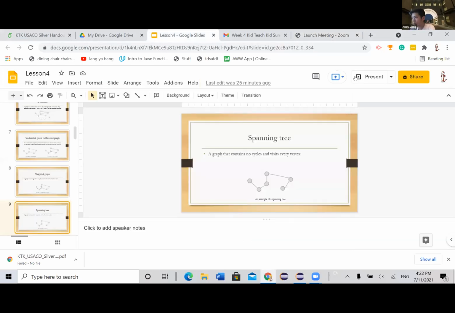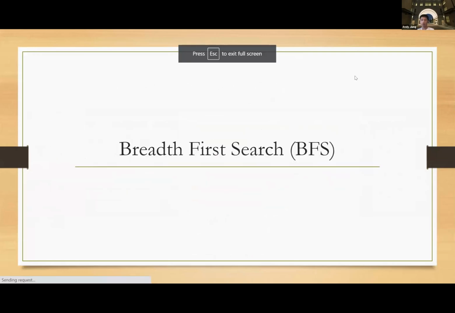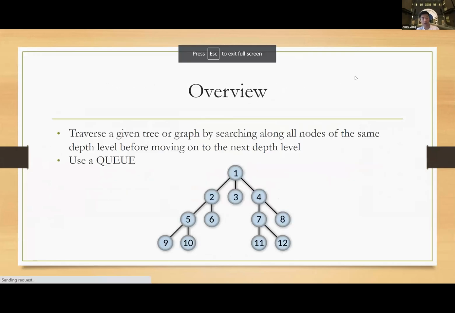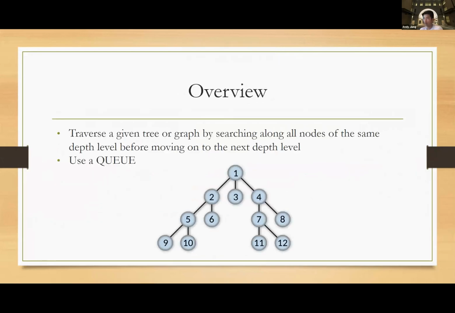Lesson 4. And now we're on breadth first search, our first graph algorithm. So an overview of breadth first search, or BFS, is we traverse a tree or a graph starting at some arbitrary vertex, and we traverse it layer by layer.